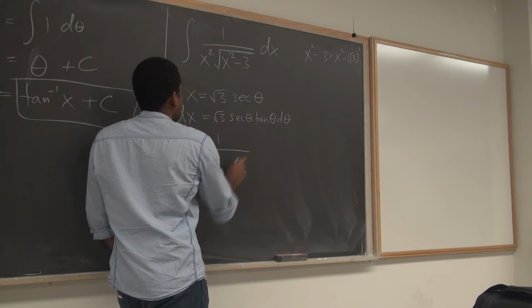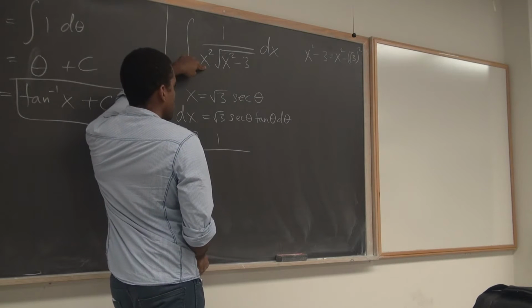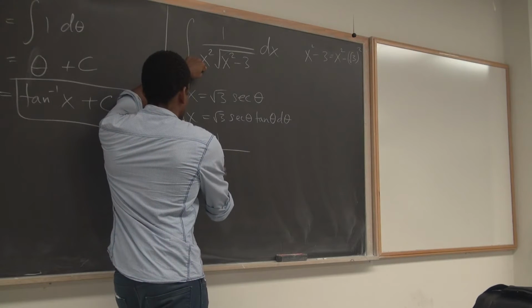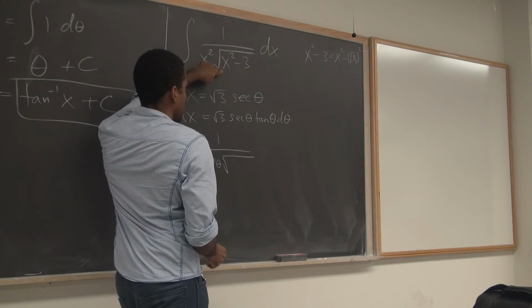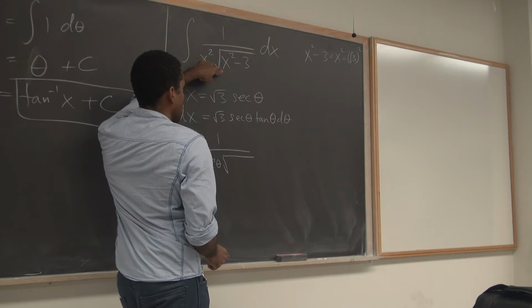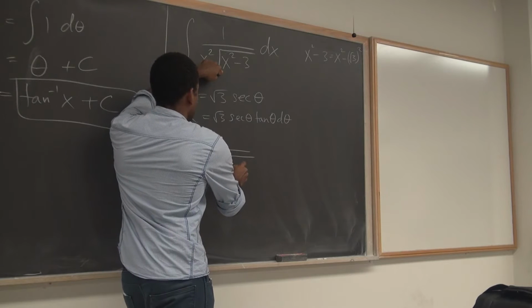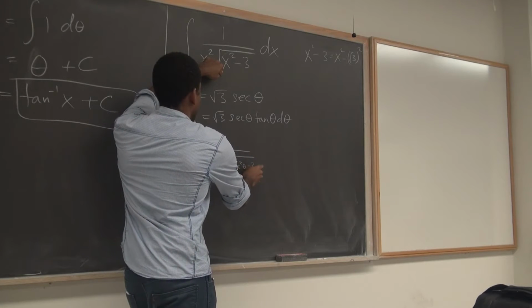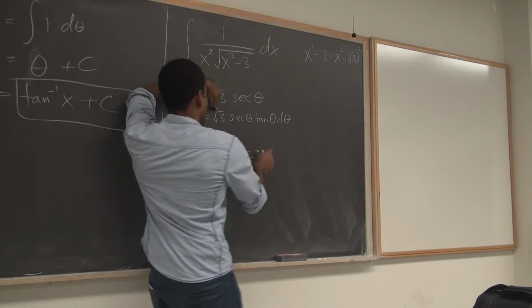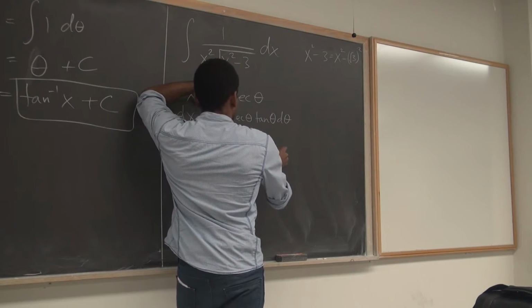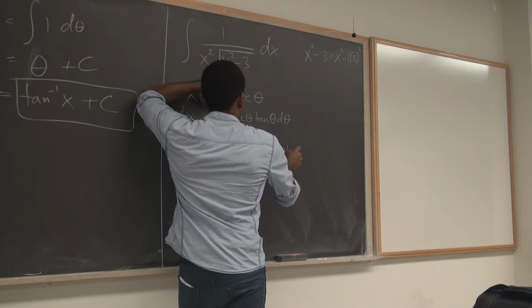I have 1 over, what's x squared? 3 secant squared times the radical of 3 secant squared minus 3, times the dx, which is radical 3 secant theta tangent theta.